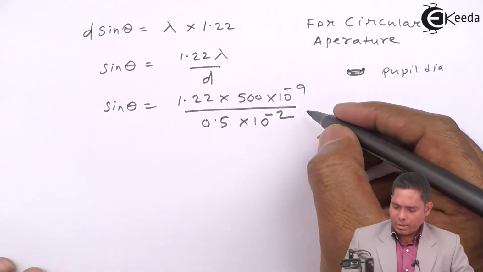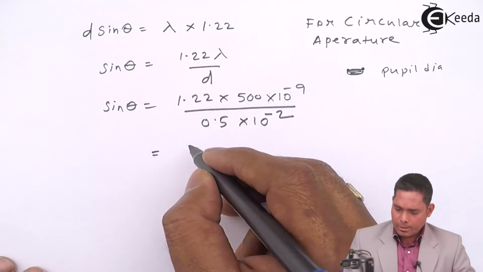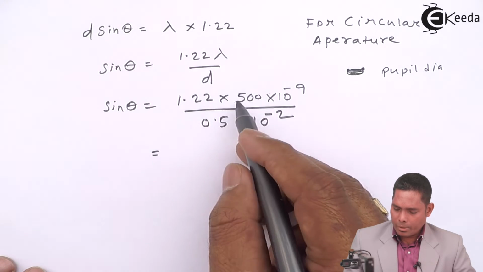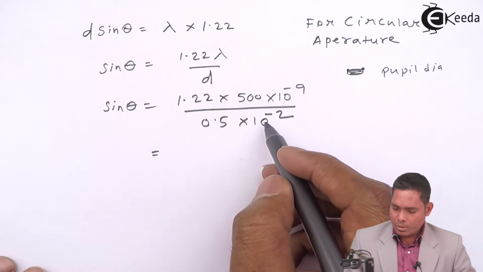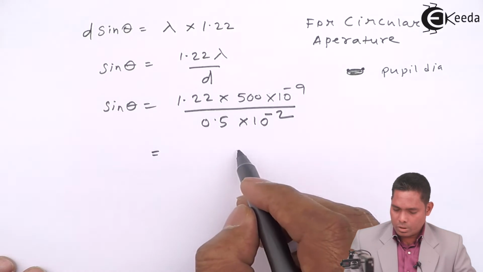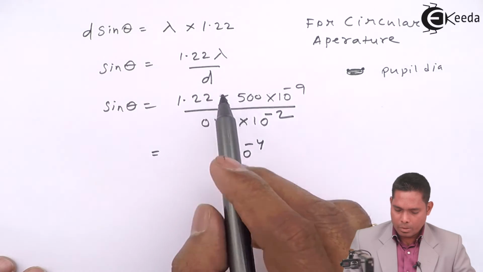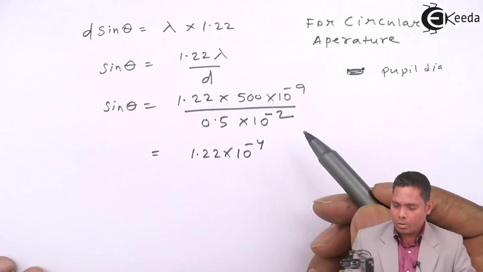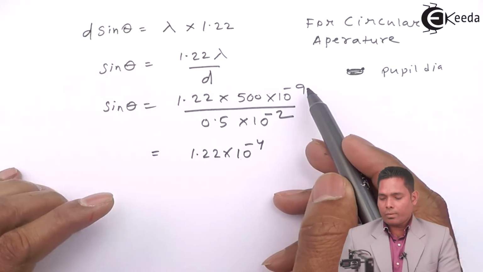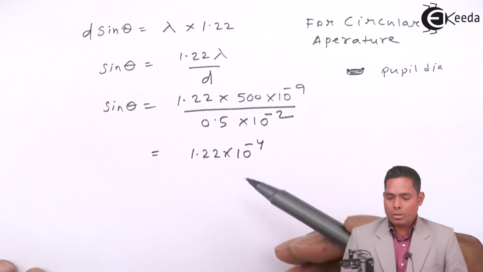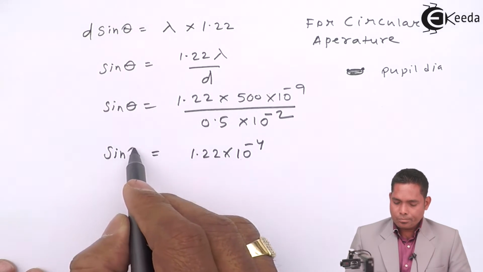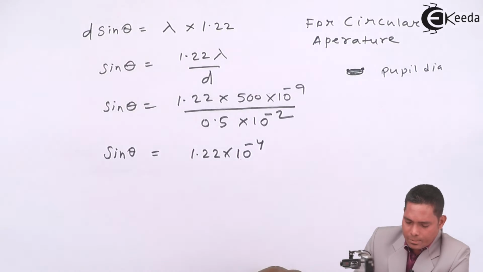If I solve this, 0.5 centimeter is 5 by 10 to the power of minus 3 meter, so 5 cancels, and 10 raised to minus 9 divided by 10 raised to minus 5 gives 10 raised to minus 4. And 1.22 is left. So sine theta is 1.22 times 10 raised to minus 4.